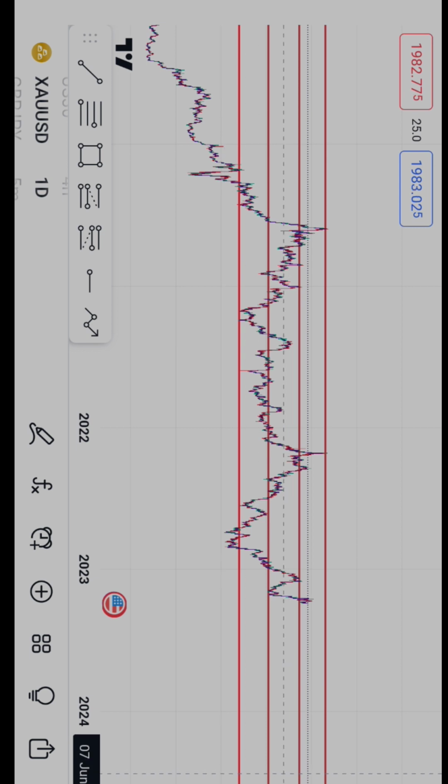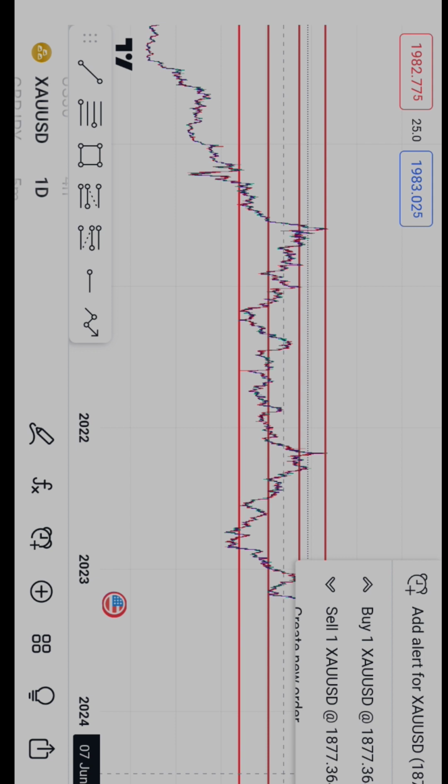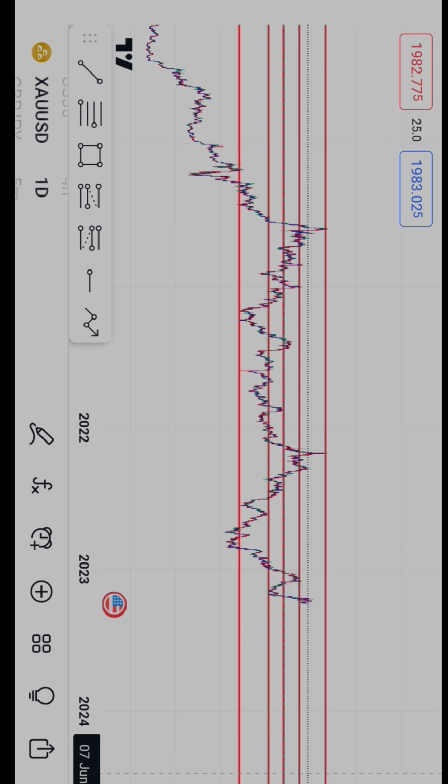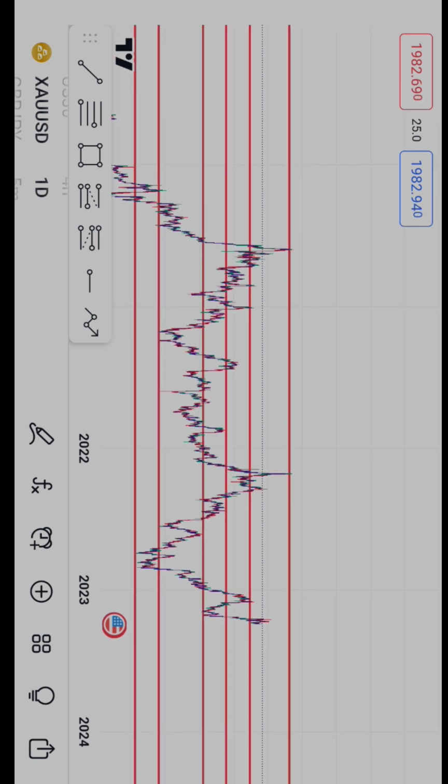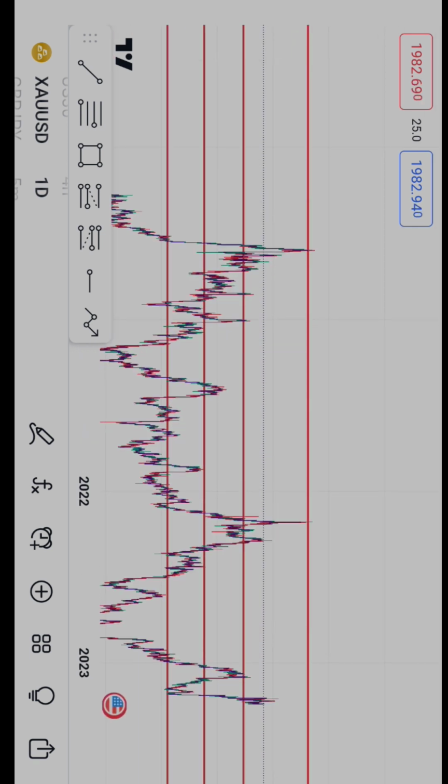Let's go up here. This is also a major key level. Okay, so by the way, guys, I didn't just mark these up. The first key level, let me do this.